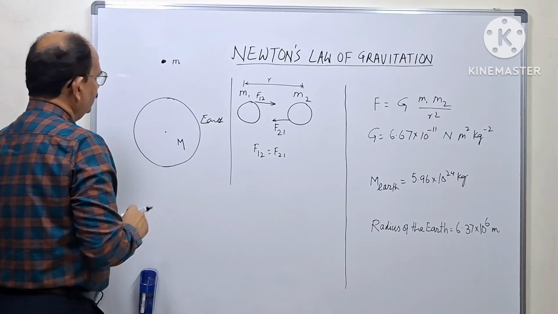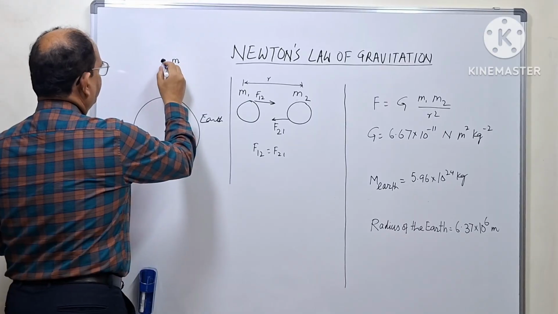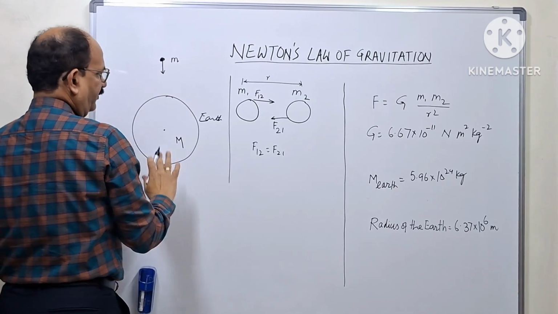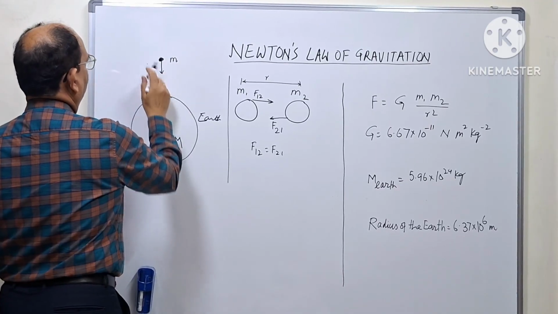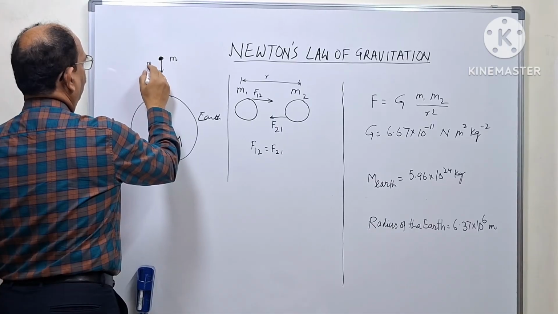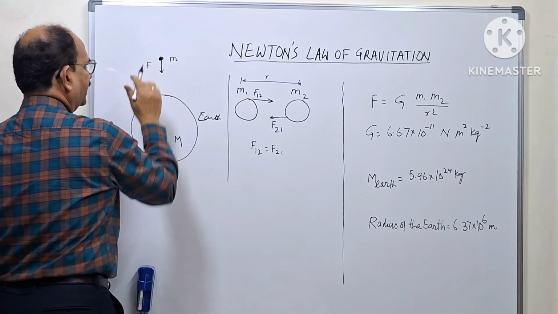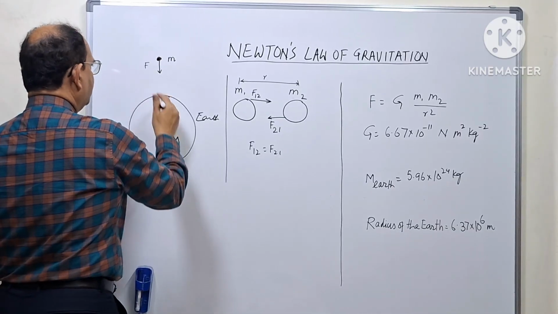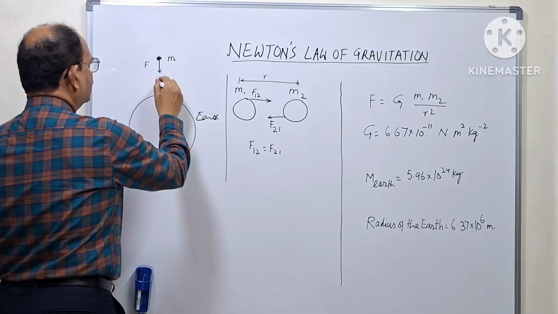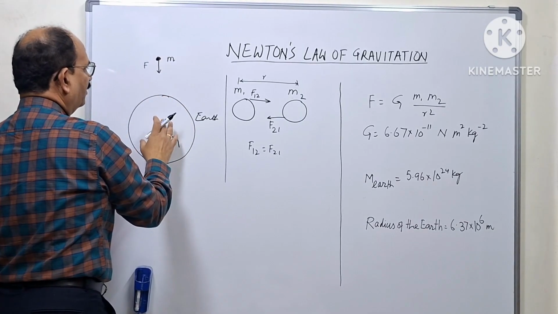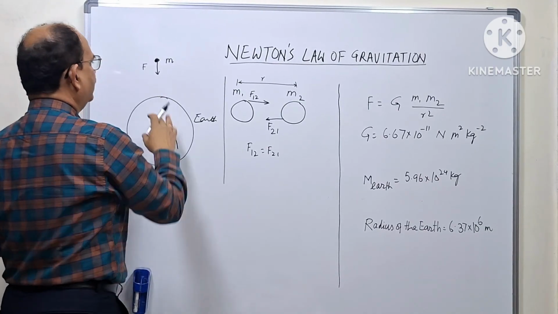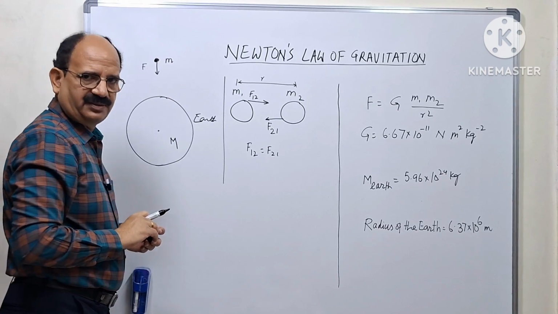So there will be a gravitational force acting on it. From the force of gravitation, Earth will pull this object with force F. This object would also pull Earth towards it, but that force is so minuscule that it doesn't have any material impact on Earth.